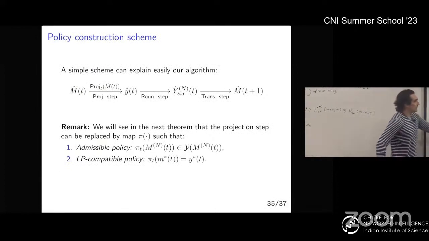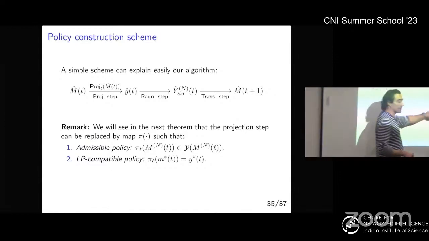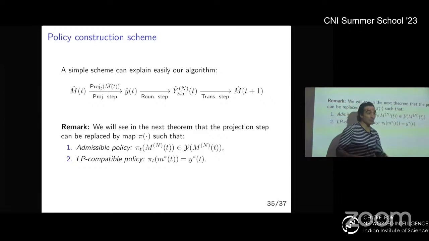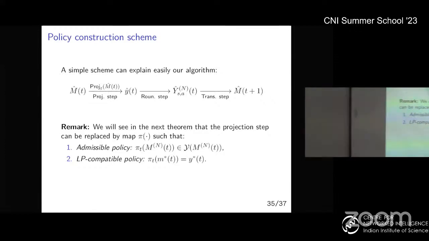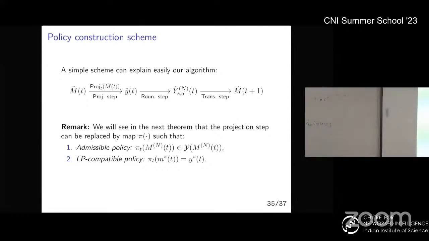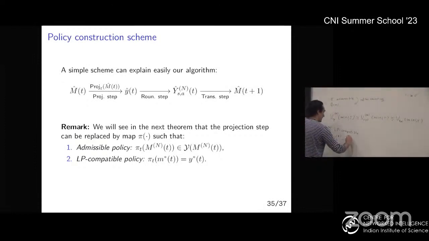It means that when you give as an input to your policy the solution of the LP program, then as an output you should get the y, which is the solution of your limit equation. So what does it mean? It means that what we have seen so far is that for a given P, V_n is converging to V relax, right? True.